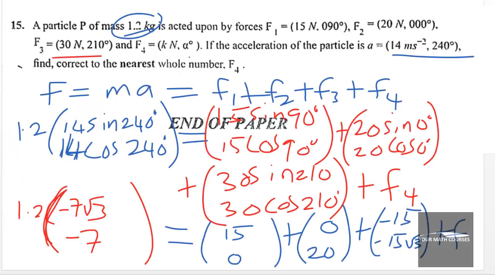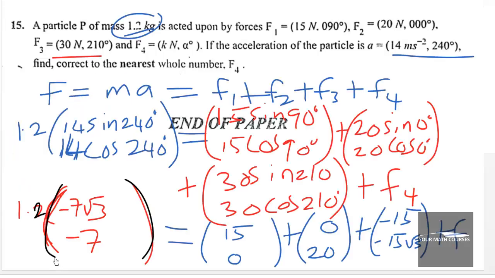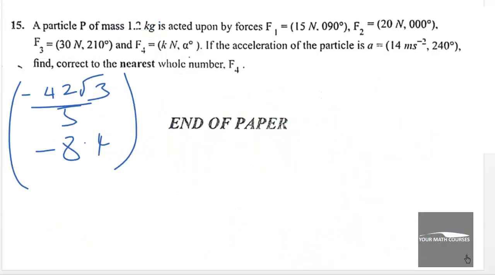If we do the multiplication here, the scalar 1.2 times the vector will give us this result here. Then when we add whatever is here, we get 15 plus 0 minus 15, and that will give us 0. So we obtain 0 here.